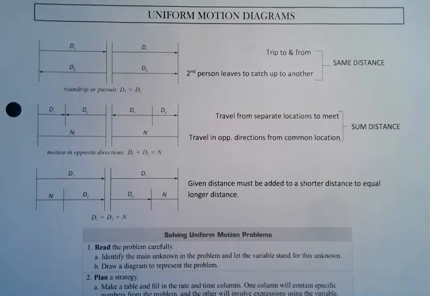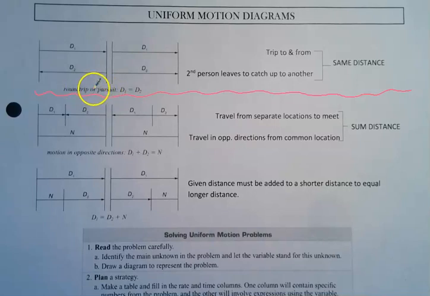So there's 3 different setups that we're going to use for motion. The first one, and I'll draw a squiggly line across here to help us see it, is what we call round trip or pursuit.